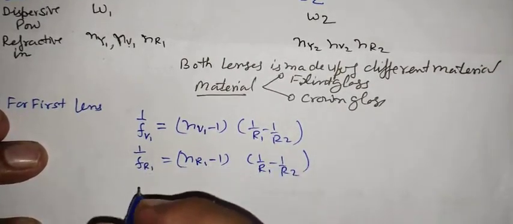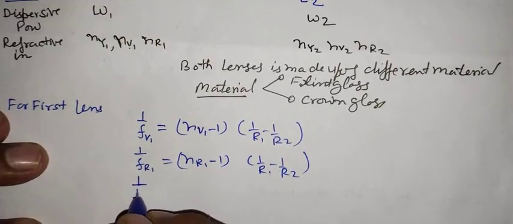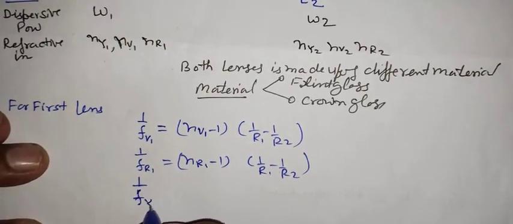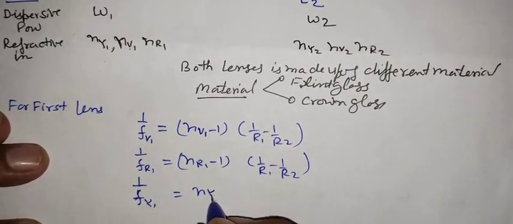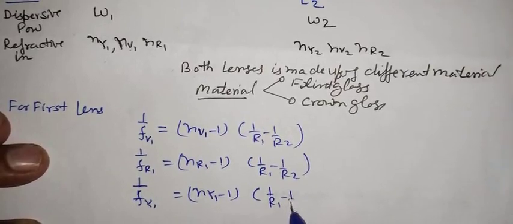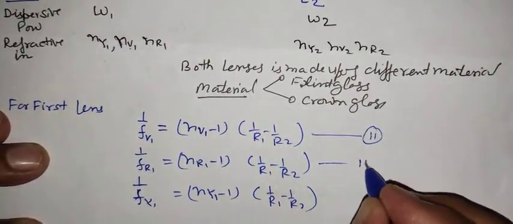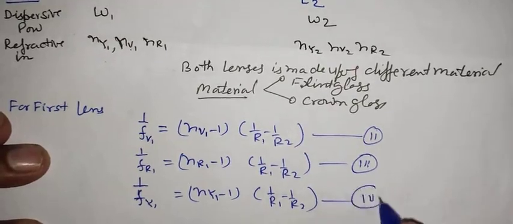Now for the mean color, 1 by fy1 is equal to (ny1 minus 1) times (1 by r1 minus 1 by r2). Take these as equation numbers 2, 3 and 4.